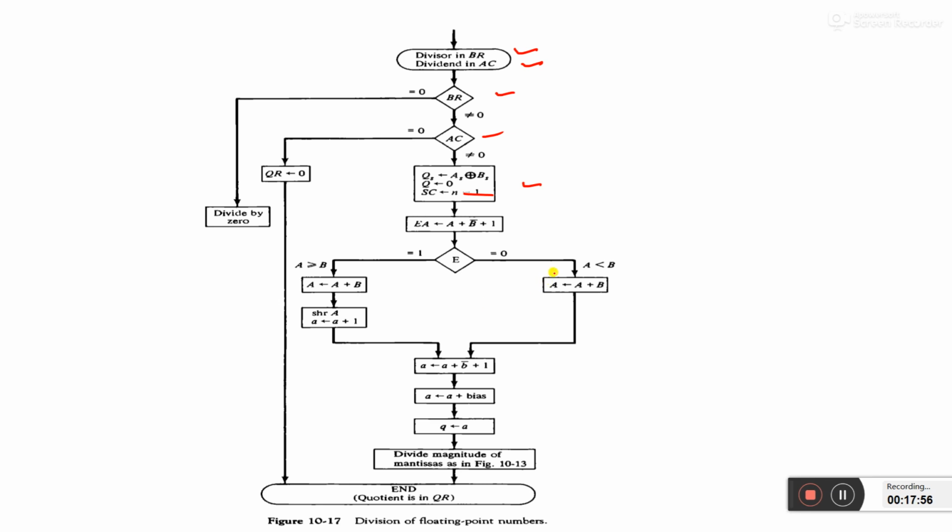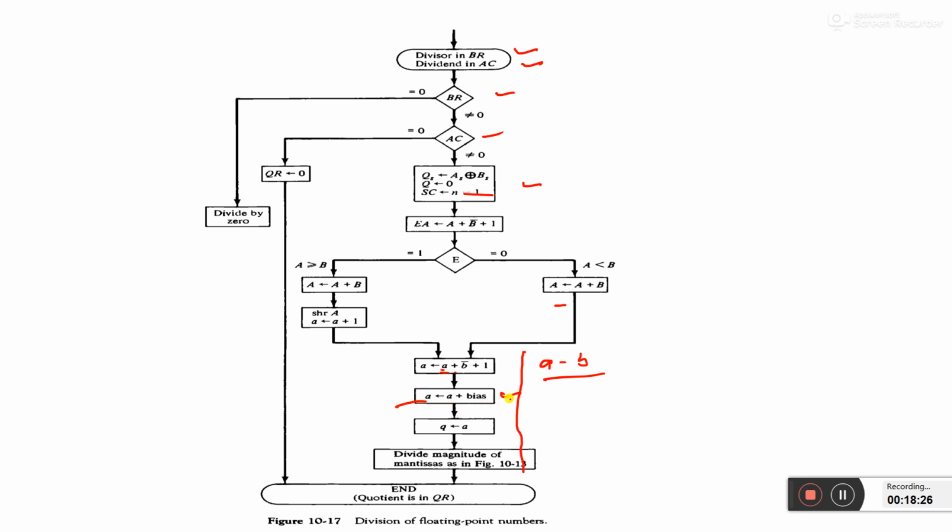And if A is less than B, then we just need to add A to B, and then I need to normalize my biasing, normalize my operation. For that I will just do the A minus B operation, and then A tends to A plus B bias.